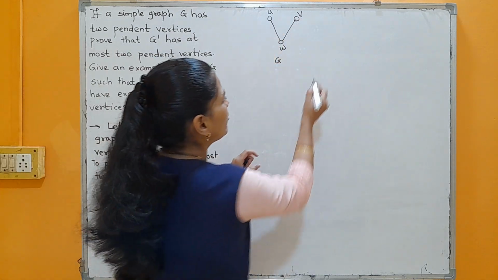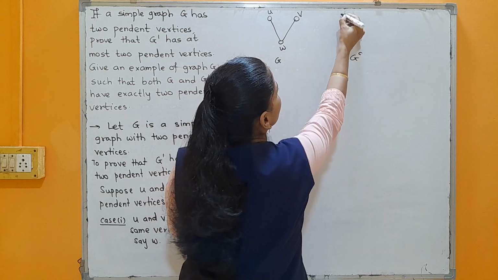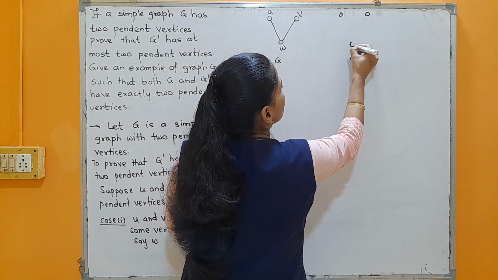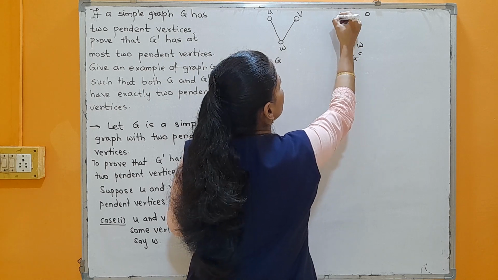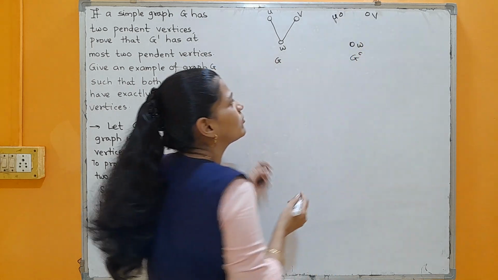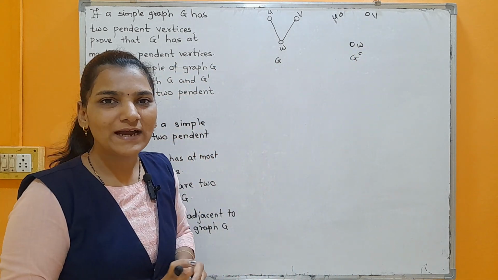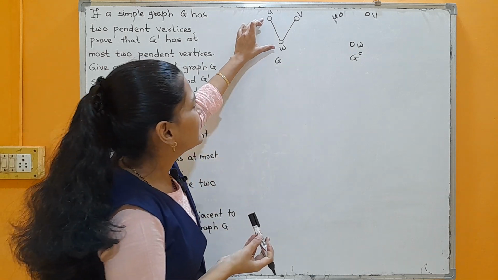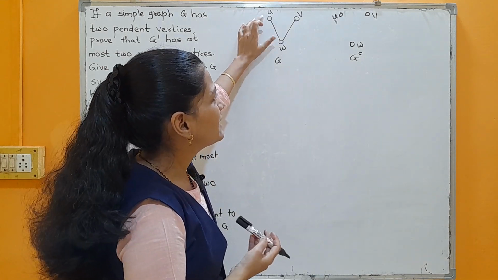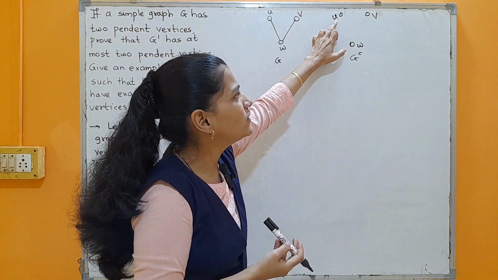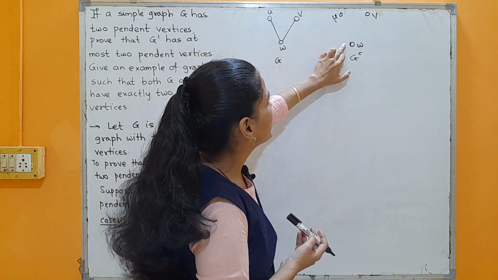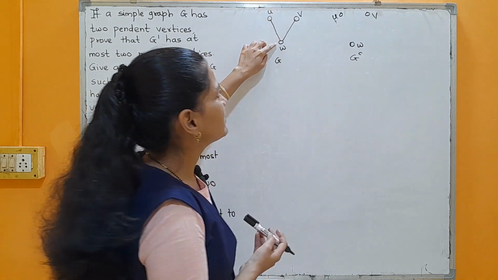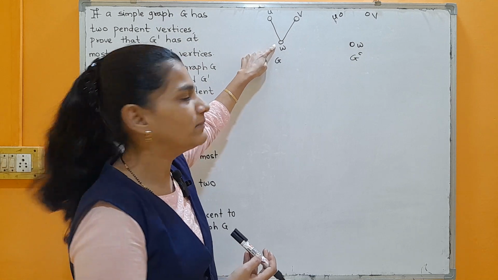So what will be G complement? In G complement, the vertices U, V, W are present. But we know that when there is an edge between U and W in graph G, there will not be an edge between U and W in G complement. So there is no edge between U and W. Similarly, there is no edge between V and W in G complement.